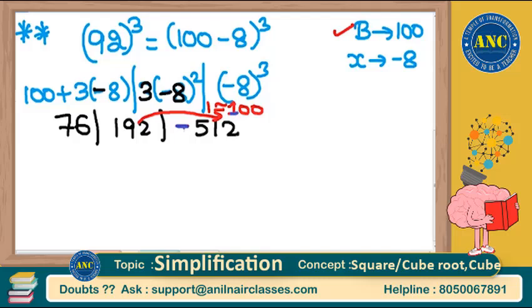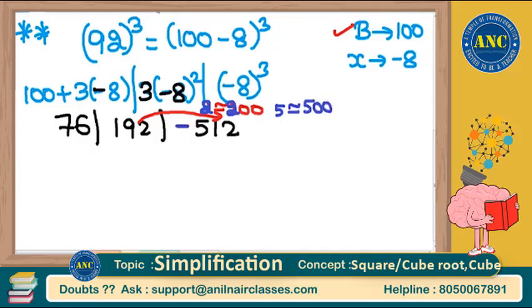100 minus 512 is still negative. I will take 2 rupees borrow. 200 minus 512 is still negative. 300 minus 512 is still negative. 400 minus 512 is still negative. If I take 5 borrow, 500 minus 512 is still negative.